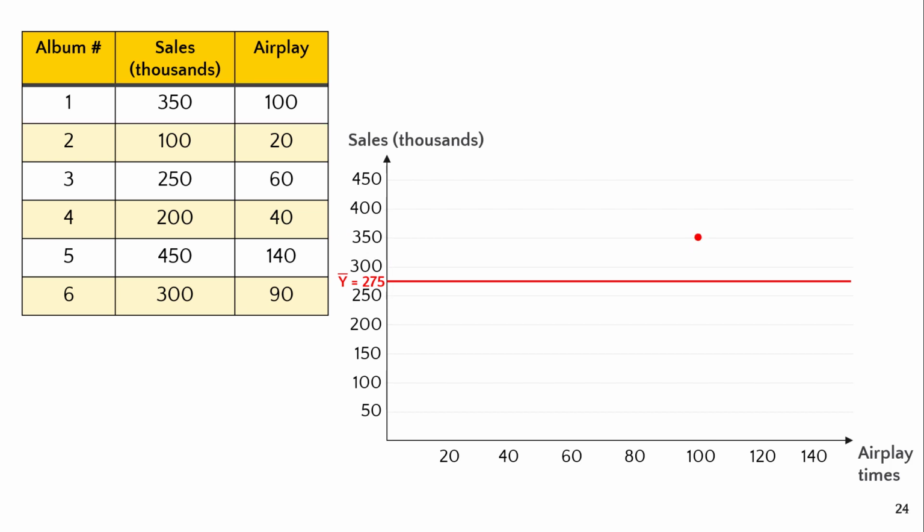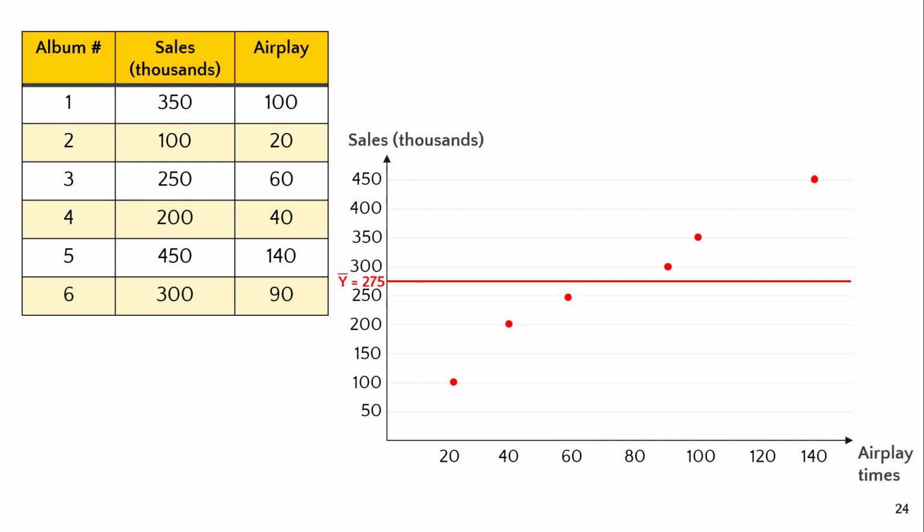A radio station plays songs in album number 2 20 times, and 100,000 albums are sold, so we put the data point here. For album number 3, songs are played 60 times, and 250,000 albums are sold, so we graph the data point here. We do the same for other albums.